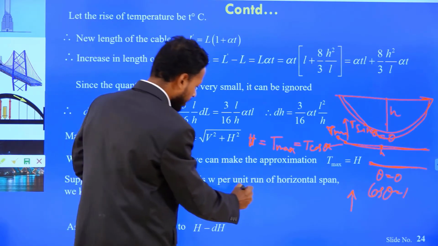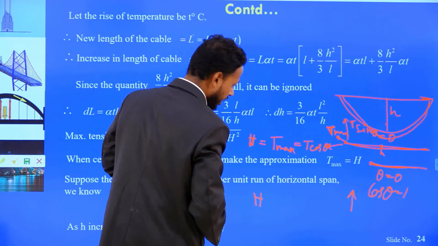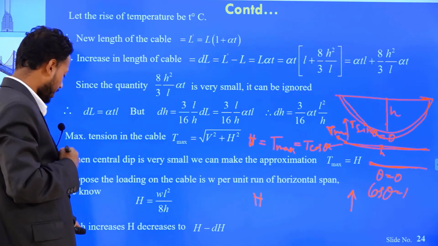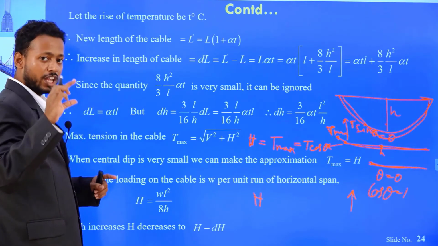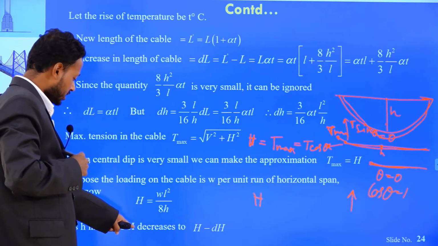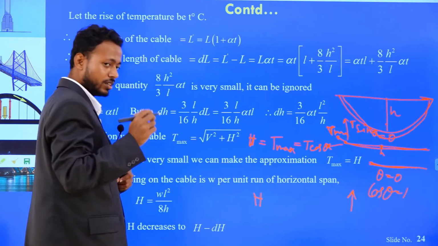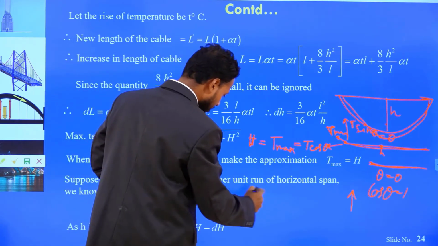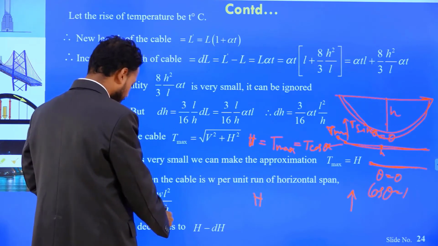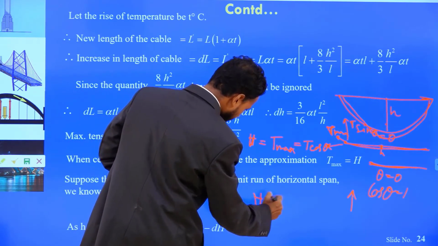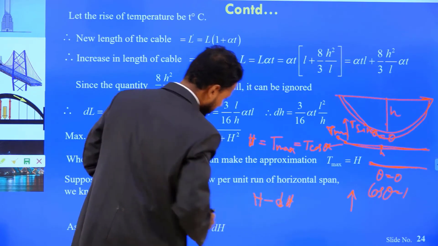At the initial time the horizontal reaction is H, and after increasing small h, meaning after increasing the deep, the horizontal reaction will decrease. So after decreasing, the final horizontal reaction will be H minus dH.